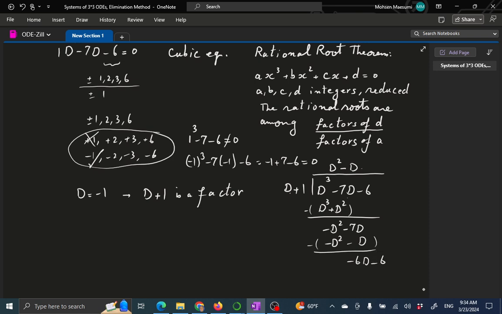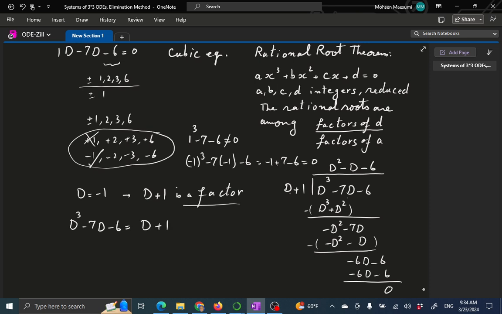So I get minus 6, and when you multiply back, if you get 0 remainder, you are vindicated in your assertion that d plus 1 was a factor. This one is checked by the fact that we get a 0 here. What do we get? We get that d cubed minus 7d minus 6, we managed to factor it.